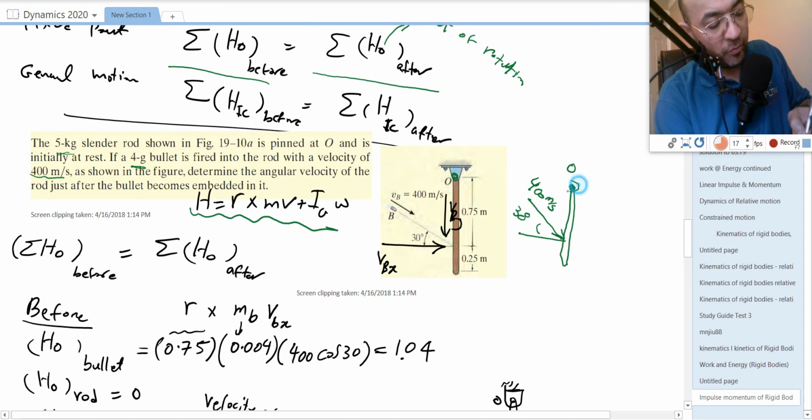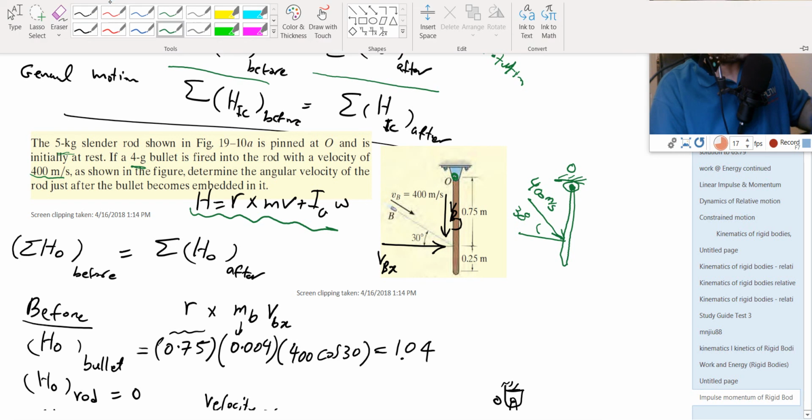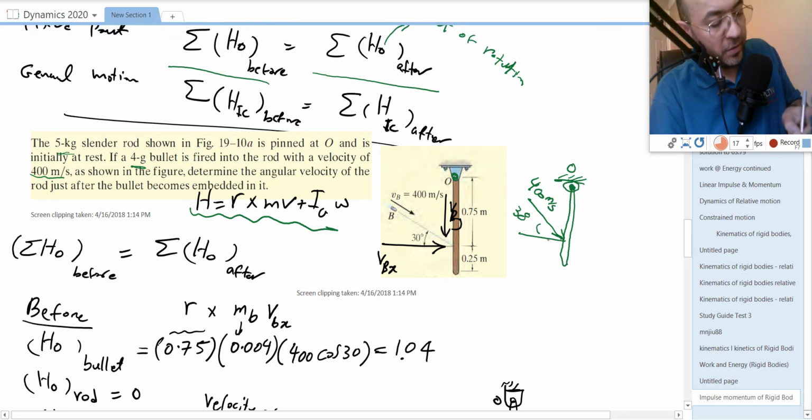If I want to do angular momentum about here, I go back to the lecture that we had before. You need to break down the 400 meters per second into 2 components, one in X and one in Y. On the X it will be 400 cosine 30, and on the Y it will be 400 sine 30.